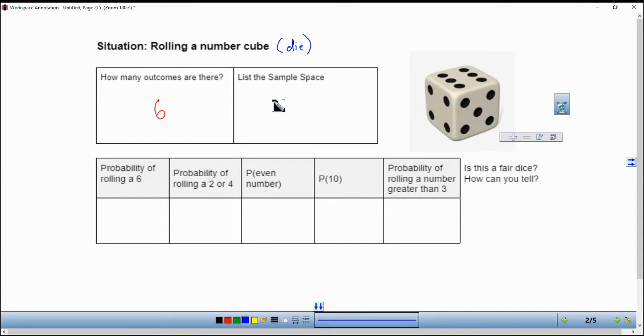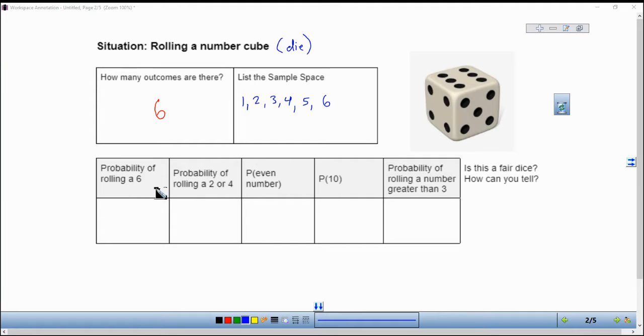Then we're going to list the sample space, which is the names of the different outcomes. Well, you can get a 1, a 2, a 3, a 4, a 5, or a 6. So let's take a look at some specific events that could take place, and see what their probability is related to this dice.